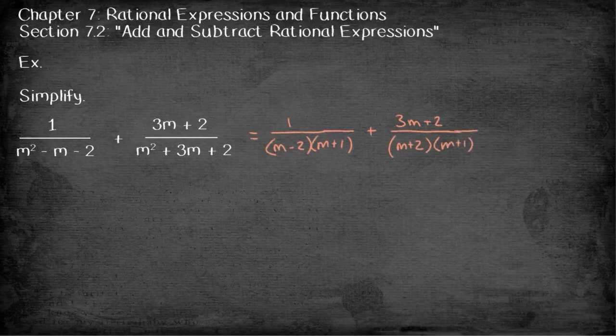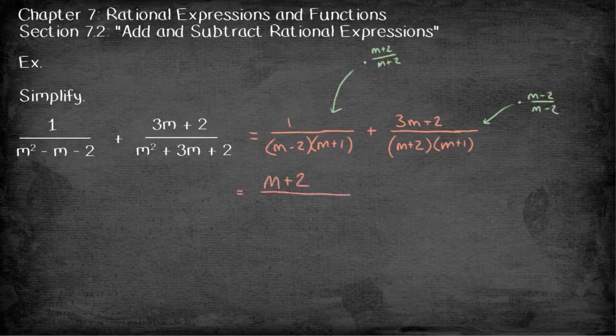All right, so what do I need as a common denominator? Well, I see that I already have m plus 1. The first fraction does not have an m plus 2. So I'm going to multiply by m plus 2 over m plus 2. What about the second one? The second one does not have an m minus 2. So 1 times m plus 2 is m plus 2.